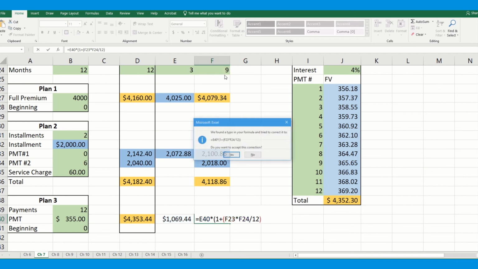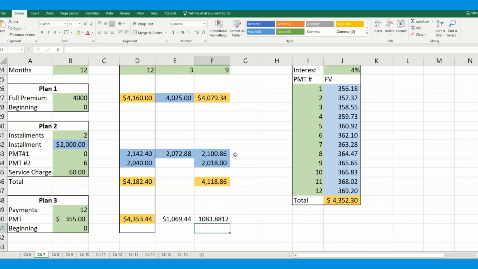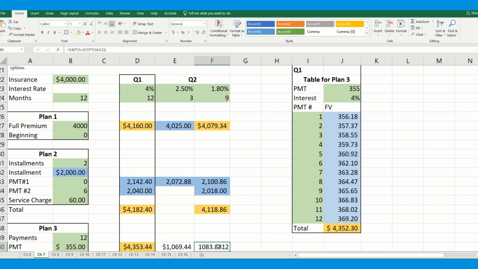And, whoops, I forgot a second bracket in there. Yes, so I have to make sure I have the right brackets. So I got bracket, bracket, bracket. They fixed it for me. That's good. All right, so our 1,069 grew at 1.8% for the last 9 months.